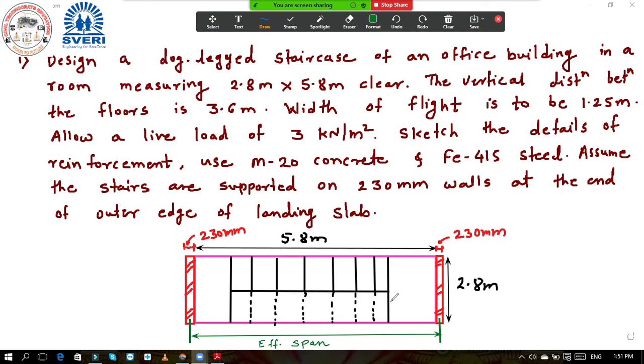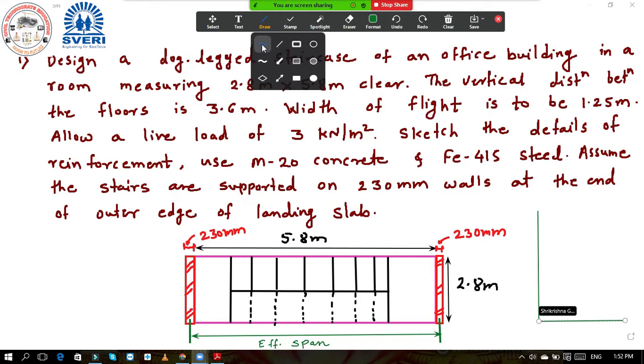This is the diagram. Now the thing is the floor to floor height. I will draw one more diagram for that also. Here I will draw a straight line. Suppose this total is 3.6 meter.